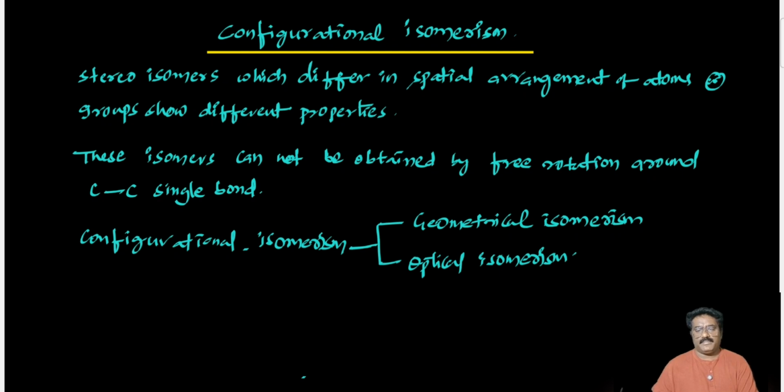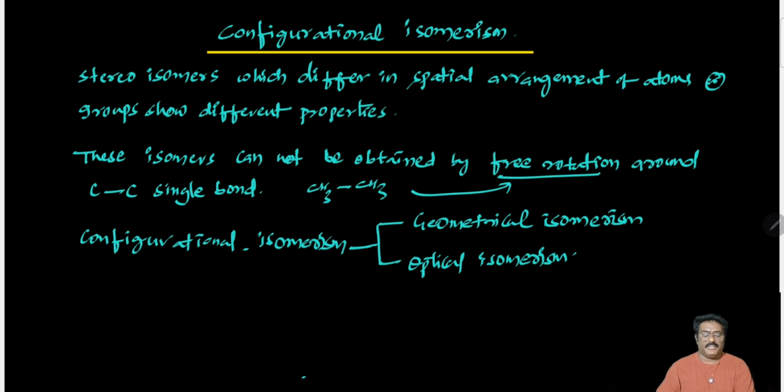These isomers cannot obtain free rotation around the carbon-carbon single bond. A carbon-carbon single bond, for example CH3-CH3, has free rotation of the molecule, which cannot be obtained in configurational isomerism.